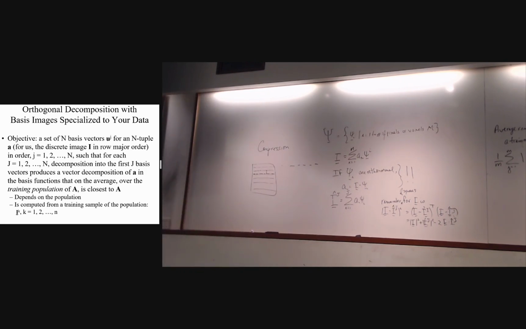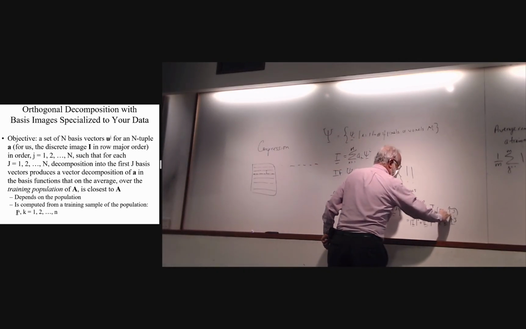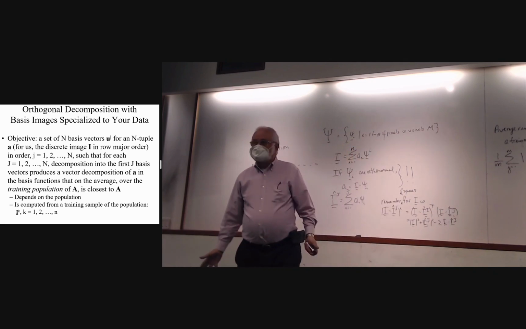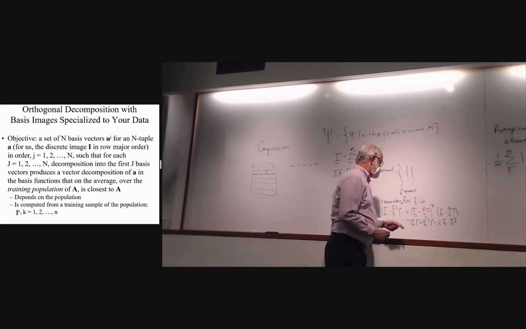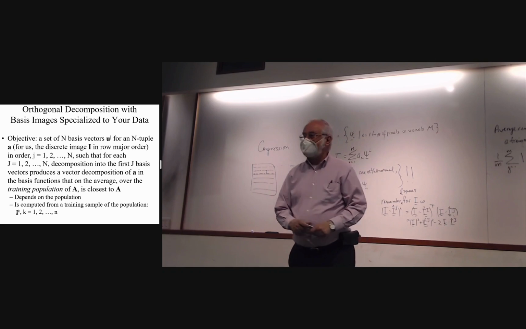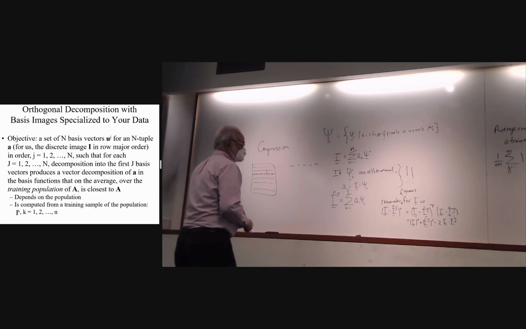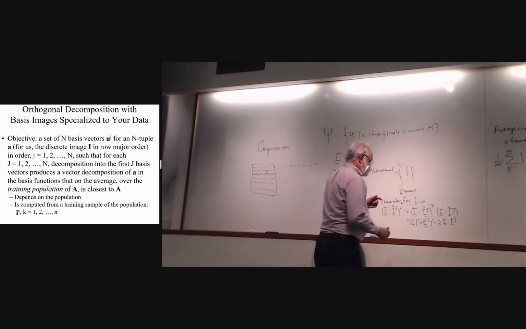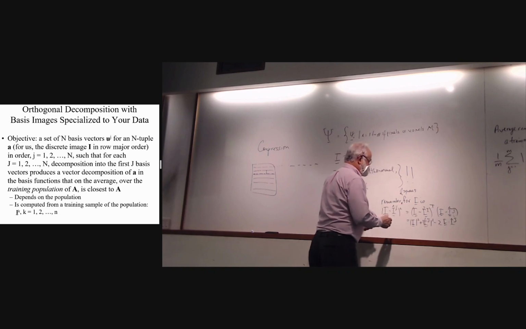where this is a row vector and this is a column vector. You have (I minus I hat J) transpose (I minus I hat J). Okay, so happy with that? But this is a distributive operation.